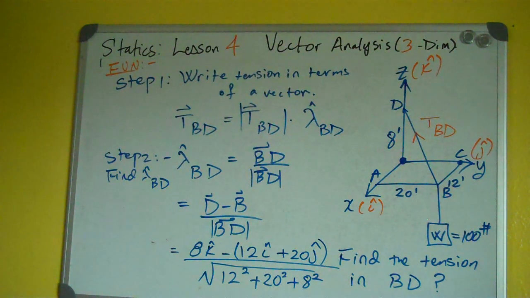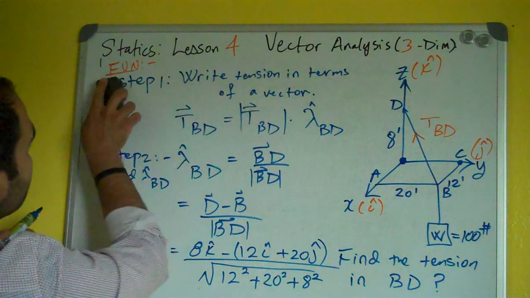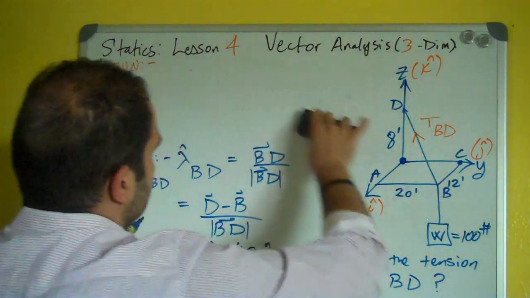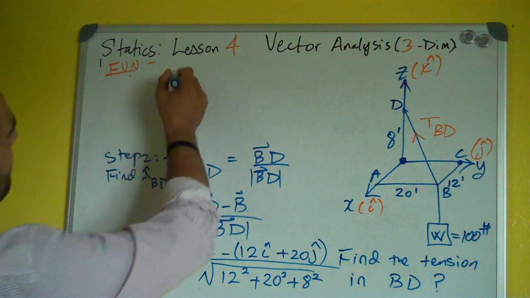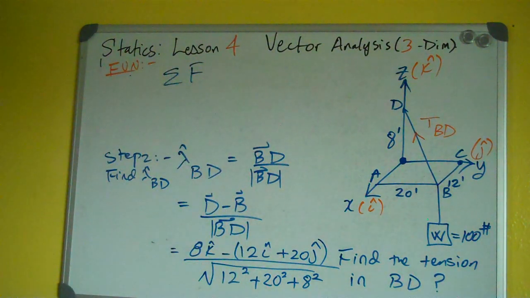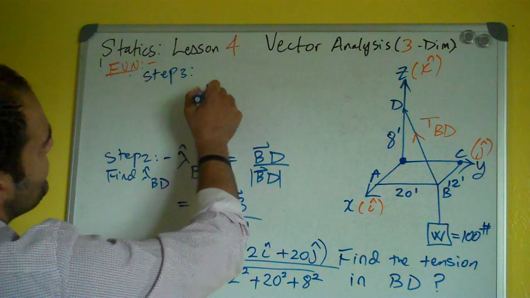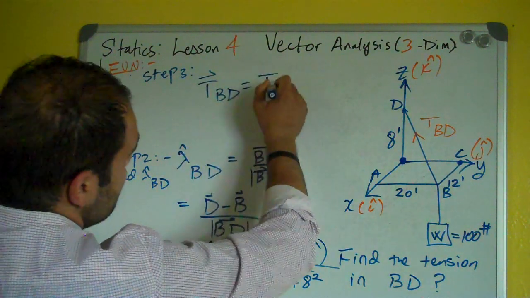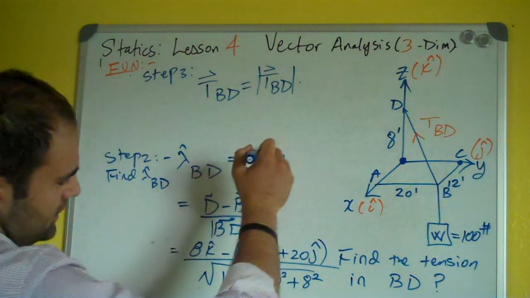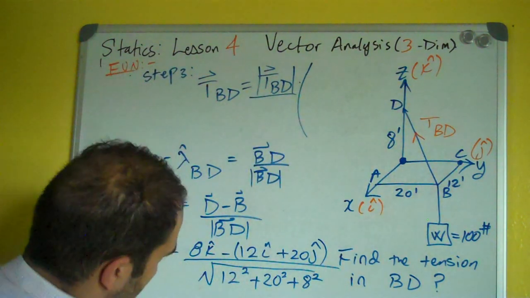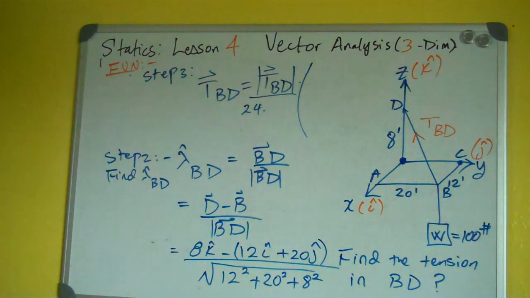I put it in terms of fraction. So let's erase step number 1 and say that the vector BD, so step number 3 if you want to call it, T_BD is T_BD times, let's take this thing out, 24 point, according to my solution, 24.7, 3 sig fig is enough.